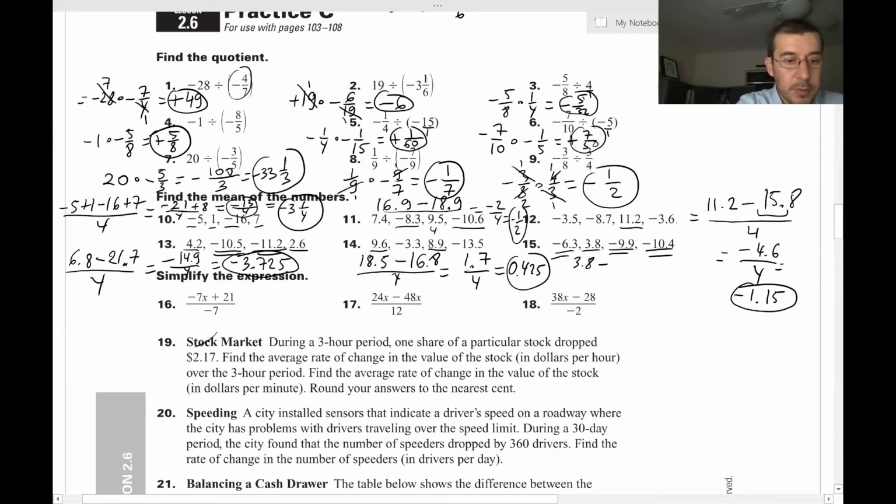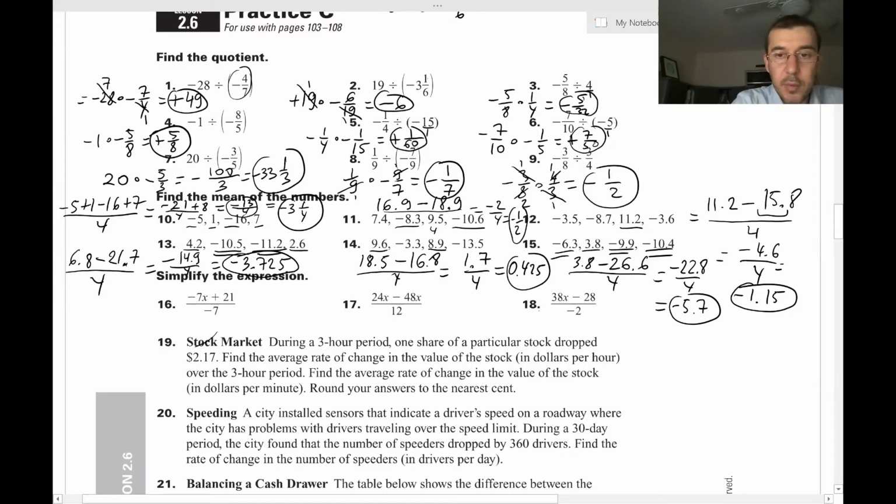It's 6.3 plus 9.9 plus 10.4, that's 26.6 over 4. 26 is greater than 3, so minus, and then 26.6 minus 3.8 is 22.8 over 4, or that's equal to 22.8 divided by 4, that's 5.7, with the minus, minus 5.7.